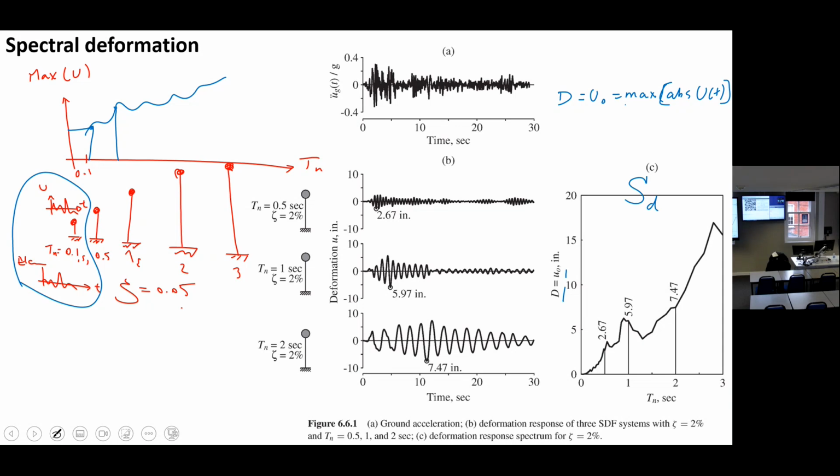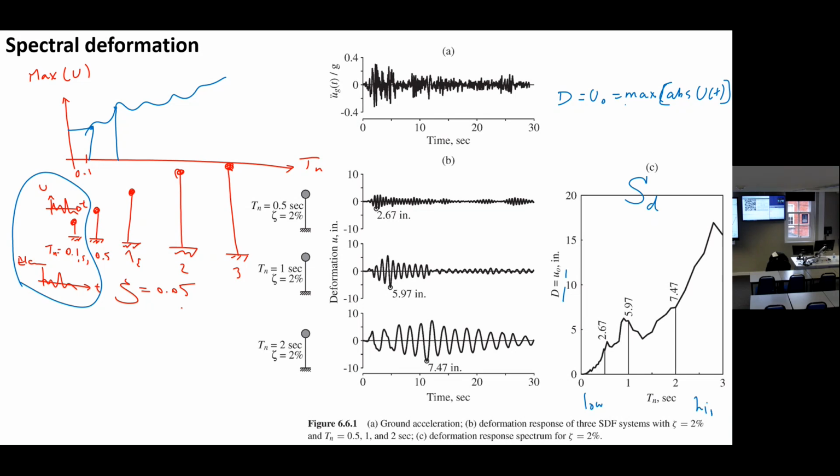And you can see that the taller the structure you have, please note here, this is low-rise, this is high-rise structures. Why? Because, as I told you in last lectures, a 1-2 story building has a natural period of 0.1, 0.2.